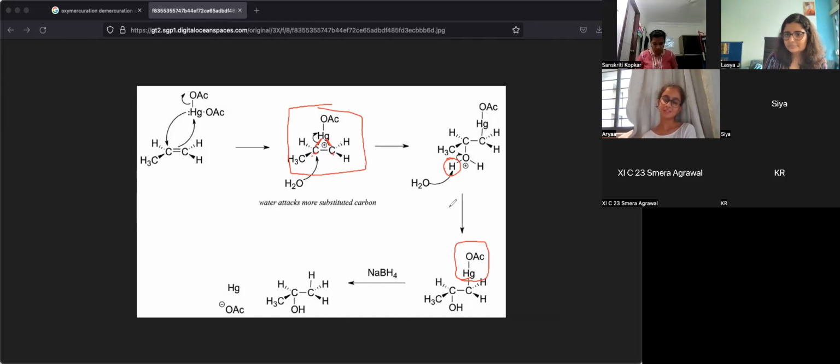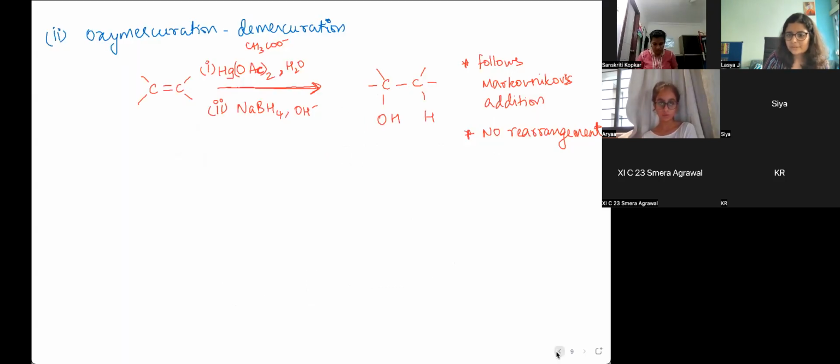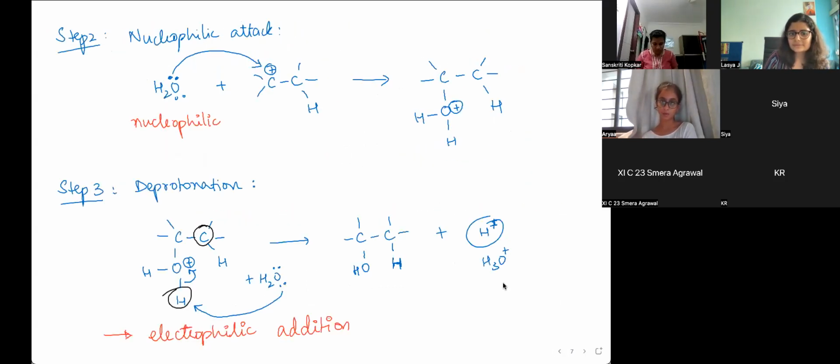I understood, you said that the C plus will get electrons from the O of H2O, so the O of H2O got a positive charge. What's happening here is exactly that. O got a positive charge. So this oxygen is taking a bond pair of electrons, leaving H plus away, which is taken up by another random water molecule.